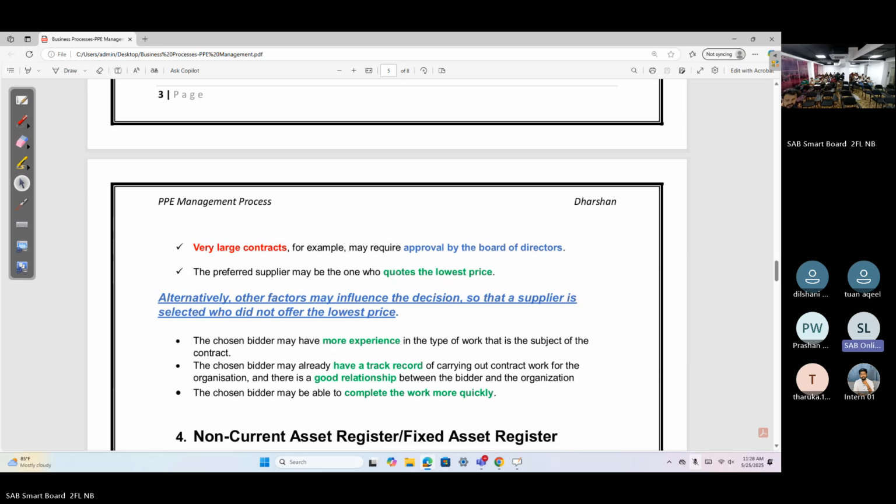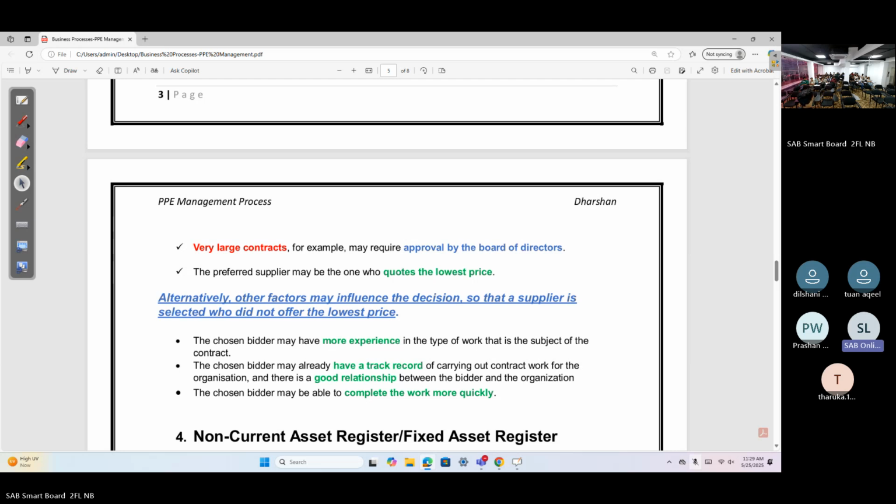Okay. First one, more experience. Now A, B, C. Okay, 3 suppliers have sent their bid tender. A has quoted, let's say, 10 million, B has quoted 9 million, C has quoted 8.5 million.